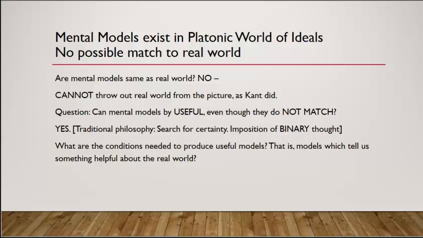So what happened is that in the West, they had this idea that if something is false, then it's not useful. There were two major factors. There was this binary logic, that either it's true or it's false. So people say that if the model is false, then it's useless. So what we need to do is find true models.